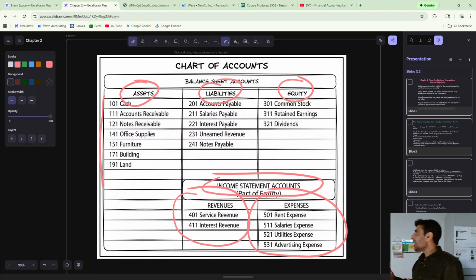The income statement is maybe considered the most important financial statement because it shows how profitable the business is. So the revenues and expenses are important. Investors want to be able to see the details of the revenues and expenses, so there's a level of detail set up in the accounting system to be able to do that.